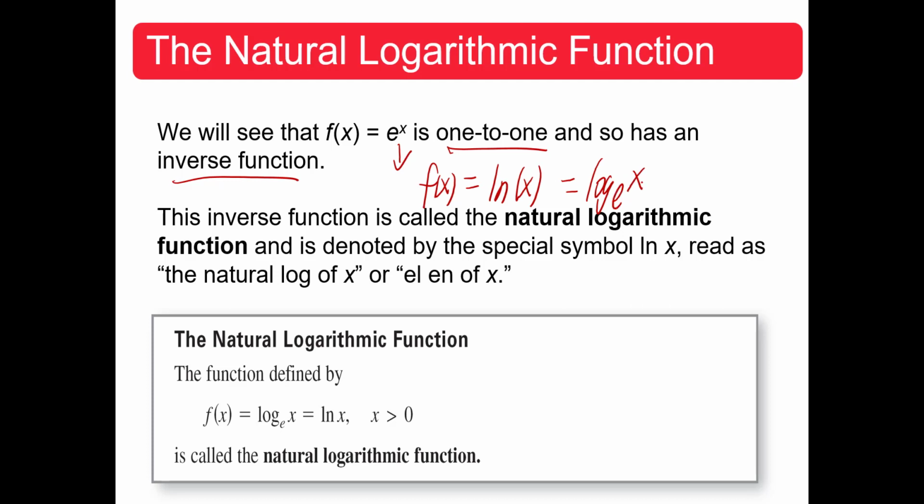This inverse function is called the natural logarithmic function, denoted by the special symbol ln of x. The natural logarithmic function is defined by f of x equals log base e of x, equal to ln of x, where x is greater than 0.